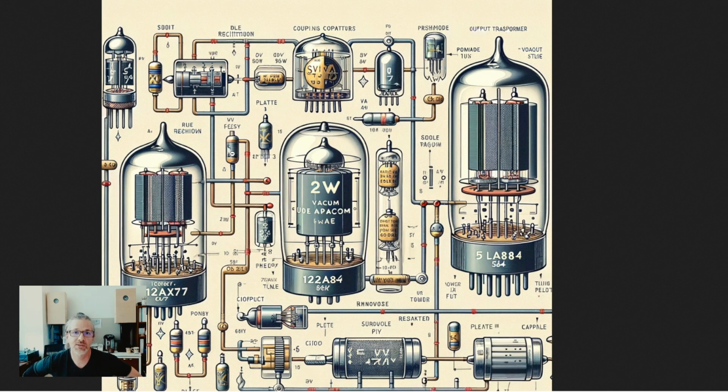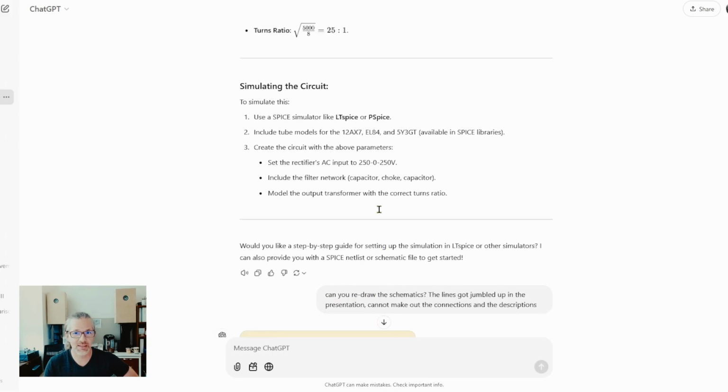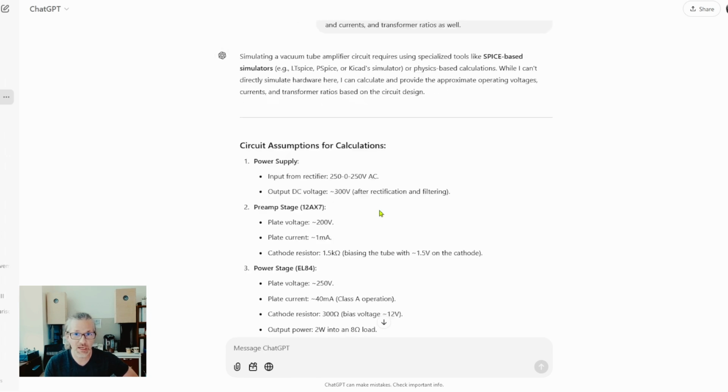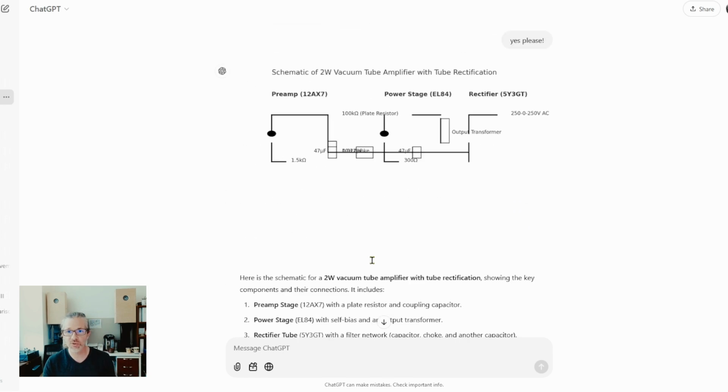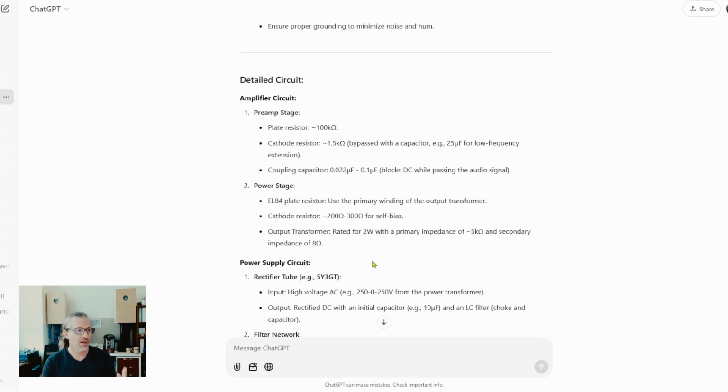And I think that's why we have to be really, really careful when we want AI to design an amplifier for us, or anything that we want to use purposefully. Sometimes it makes you think that it really knows what it's talking about and is giving you good advice, and you think, yeah, it gets it.